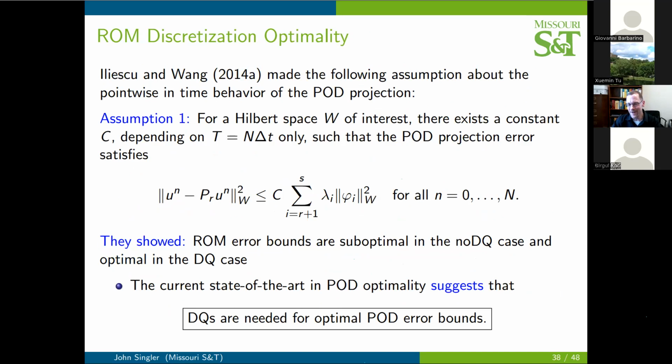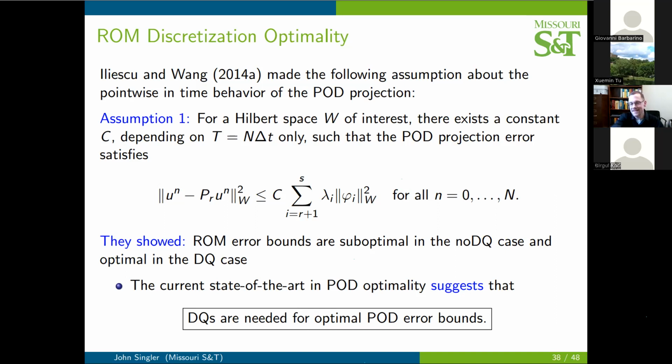I mentioned that people have been looking at these pointwise in time error estimates for all these reduced order models, and often the assumption was made that the data at a specific point in time minus a projection of the data was bounded above by something nice, these POD error formulas that we have.